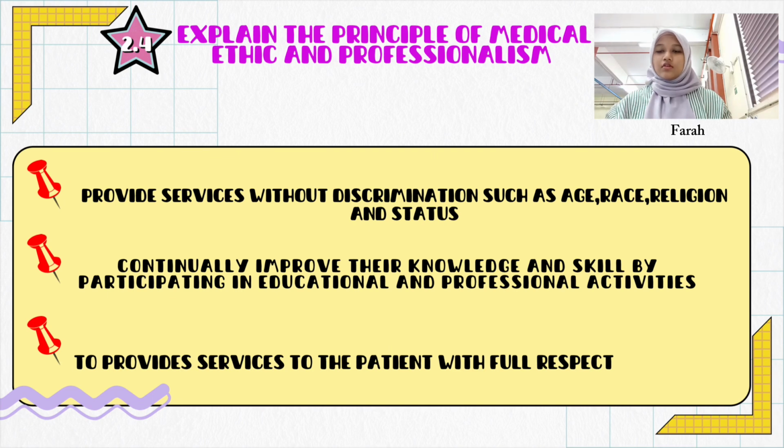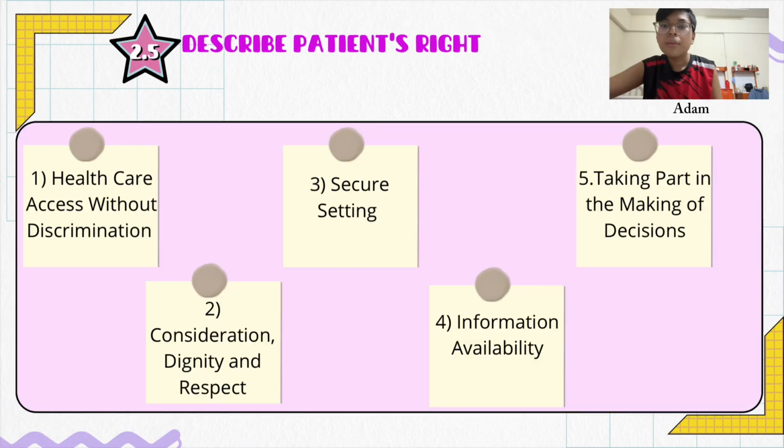Third, non-maleficence, the principle of do no harm by preventing any unnecessary harm or suffering. And last, justice, the commitment to treat all people fairly and equally to ensure equal access to care.